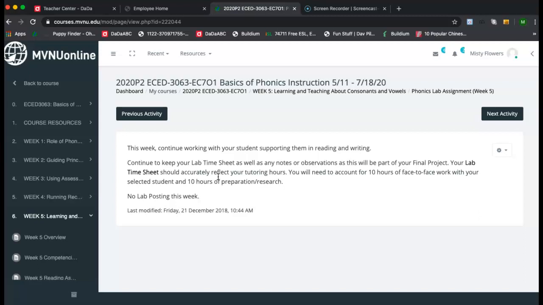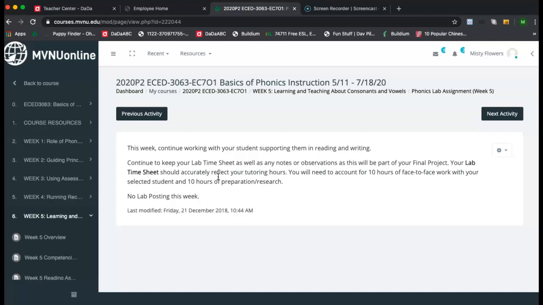You should be implementing activities from the spelling inventory. If you need letter identification activities, please let me know. If you're struggling to find activities that match the assessments that you have given, please let me know.